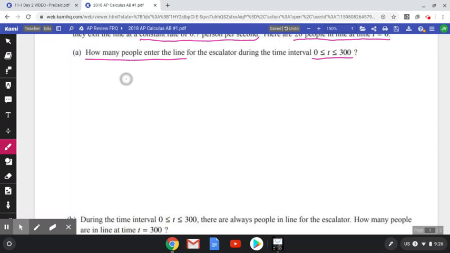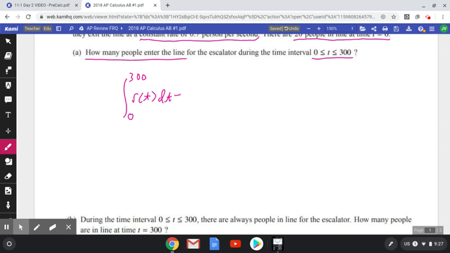If we want to represent this with an amount of change, we need an integral. And we're going to take the integral from 0 to 300 of the rate function. That's going to give us our amount of change. So we'll write r of t dt. And we want to see what that's equal to. It might actually be equal to here. We'll see.